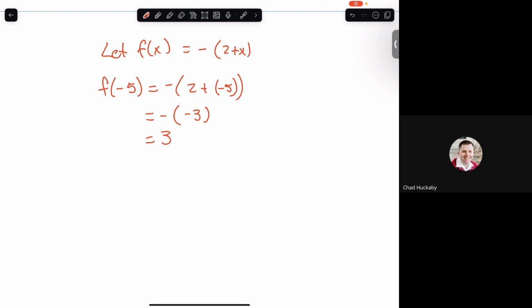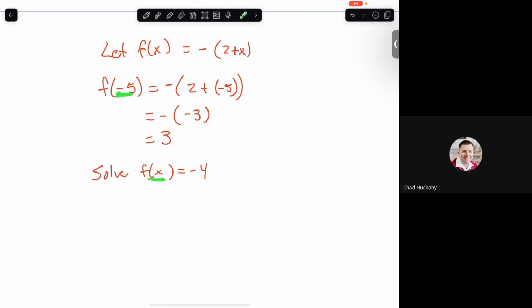Okay. The next one says solve f of x is equal to -4. What do we do here? Well, this time we're not given the input value.